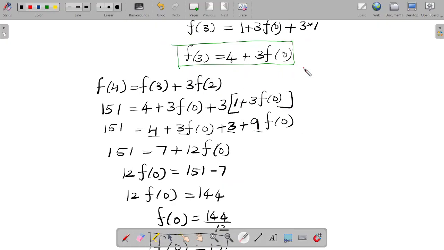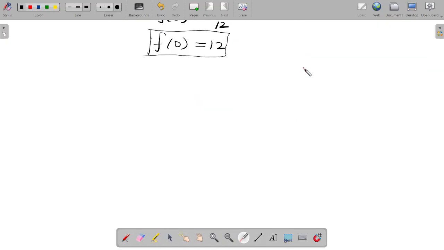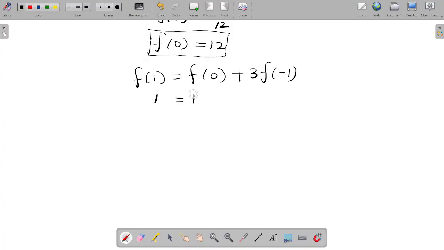So now we can replace the f of 1 value. Just rewrite that: f of 1 equal to f of 0 plus 3 times f of minus 1. The f of 1 value is given in the question, 1, which is equal to the f of 0 value, 12, plus 3 times f of minus 1.